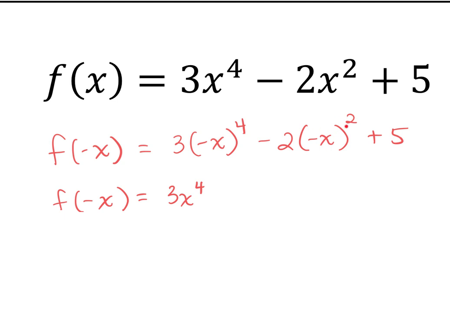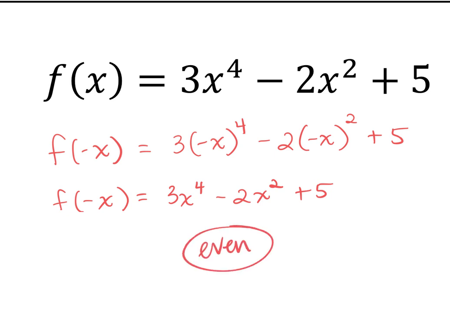What happens if I square a negative? A negative times a negative becomes a positive. And when I multiply it by a negative 2, that would stay a negative 2x squared. And then obviously plus 5. So what does that mean? It is an even function because when I plugged in negative x, I got the same exact output. So f of negative x equaled the same thing as f of positive x. So if they equal the same thing, it's an even function. All right?